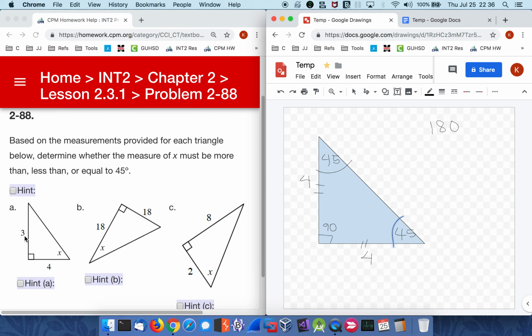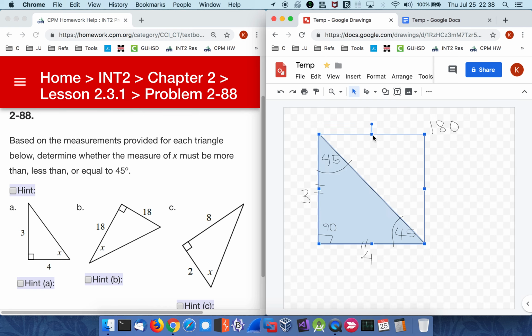So what we're seeing is that when it's 4, when both sides are equal, both of the angles are equal. When I shrink one of the sides down to like 3, that angle becomes less than 45, because this side is less than this side.